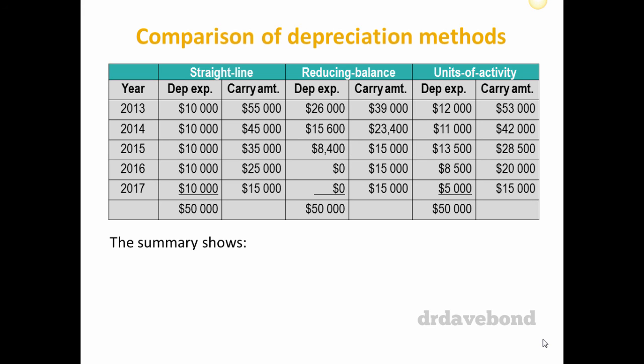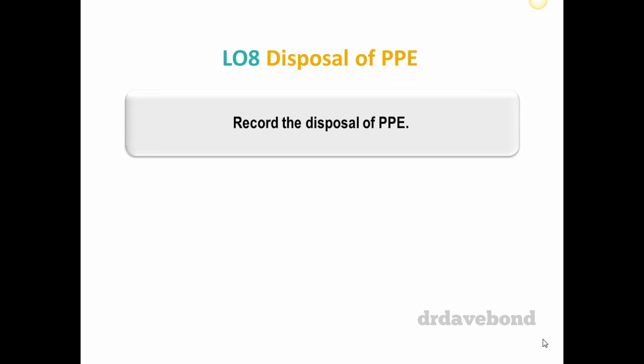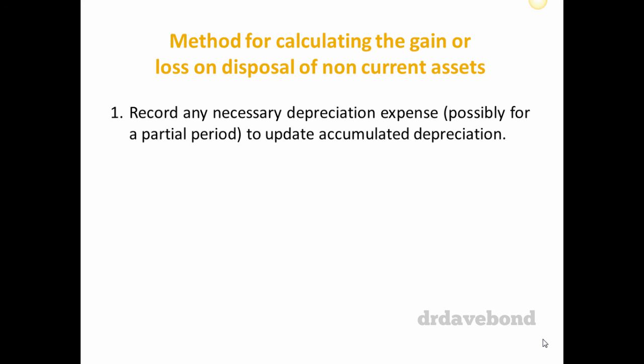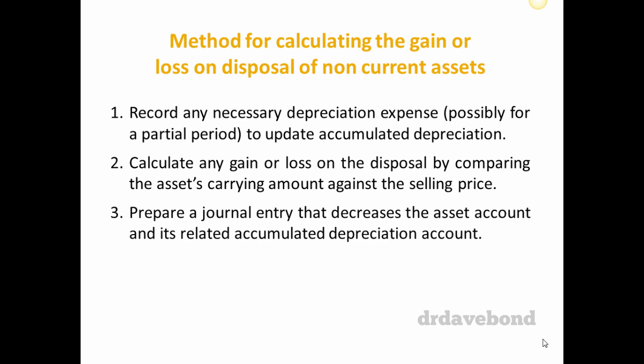When it comes to selling an asset, you update accumulated depreciation as necessary. You work out any gain or loss, and that's actually fairly easy to do. Do the journal entries and record it.